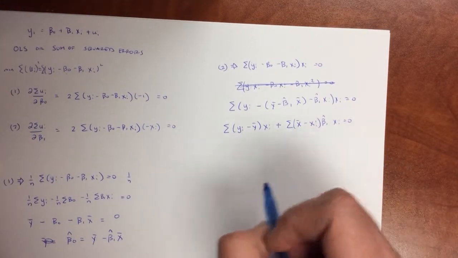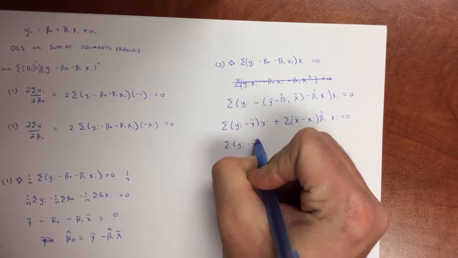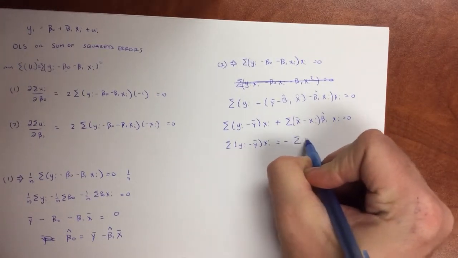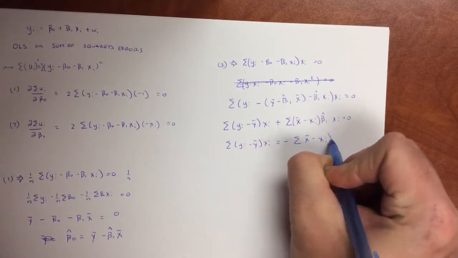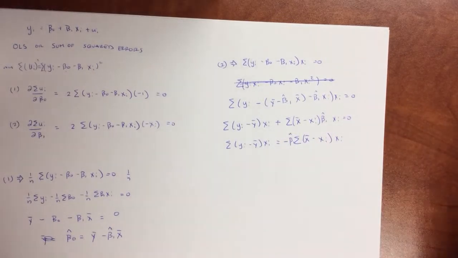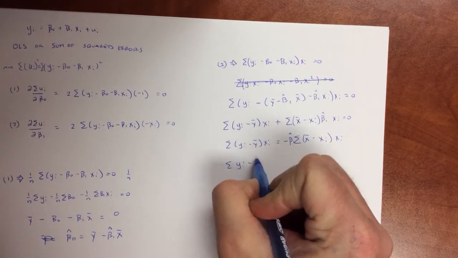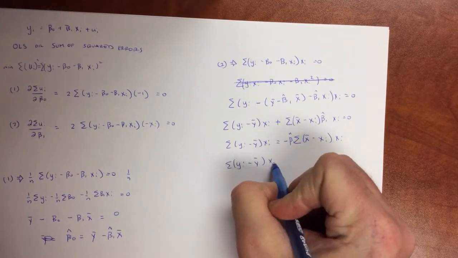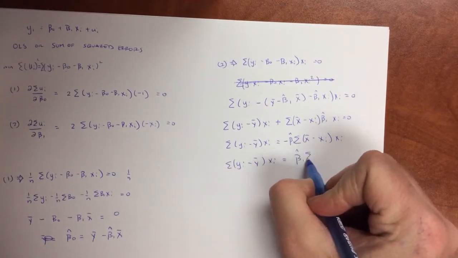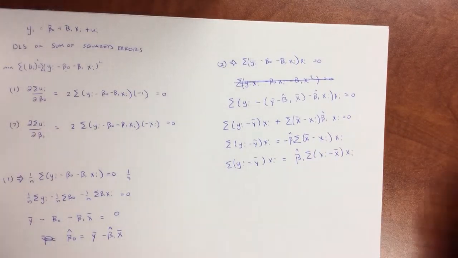Now I'm going to bring this to the other side. So I get the summation of y_i minus y bar times x_i is equal to negative summation of x bar minus x_i times x_i, and beta 1 hat is in front. Now I can take that negative sign through and get the summation of y_i minus y bar times x_i is equal to beta 1 hat times the summation of x_i minus x bar times x_i.